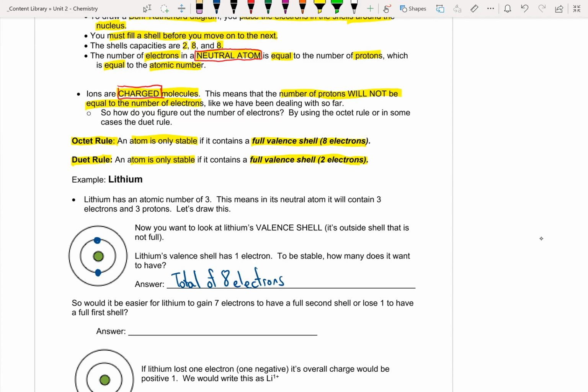While I don't have 8 anymore, I still have a stable outer shell because that first shell only requires 2 electrons. So we have to think, is it going to be easier for lithium to gain 7 or lose 1? Even in just terms of common sense, if you think about the energy that would be required to lose 1 or gain 7, it's easier to lose 1 electron.